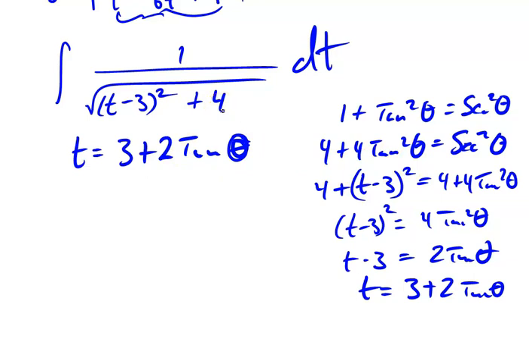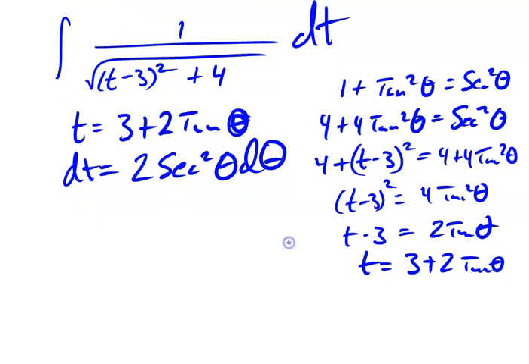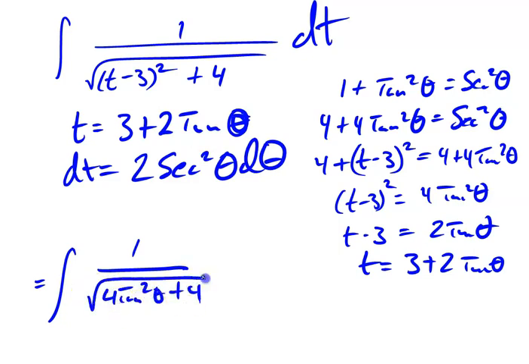Okay. So with t equal to 3 plus 2 tan theta, dt would be the derivative, which is 2 secant squared theta d theta. And I plug in. So I've got the integral, there's a 1 on the top. Well, the t minus 3 squared, as we just said, the 3 first of all gets subtracted off, and then you end up with a 4 tangent squared theta plus 4 under the square root there.